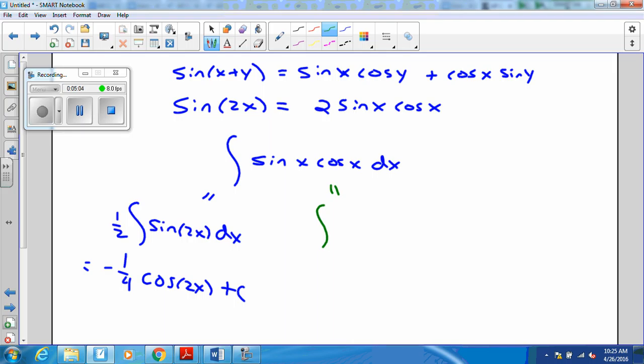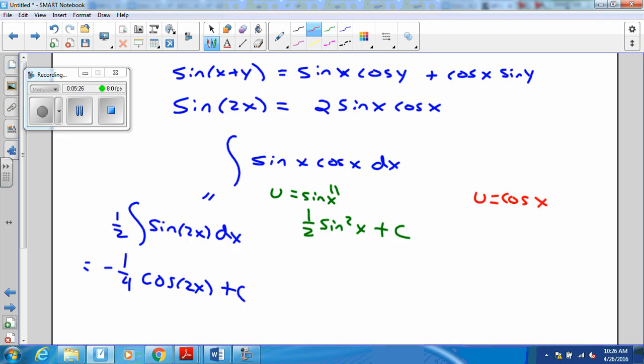Let u equal sine x, du is therefore cosine x dx. And so this is integral ready, actually. This is simply 1/2 sine squared x plus c. Or I can integrate by letting, so for the sake of our notes, this is u equals sine x.